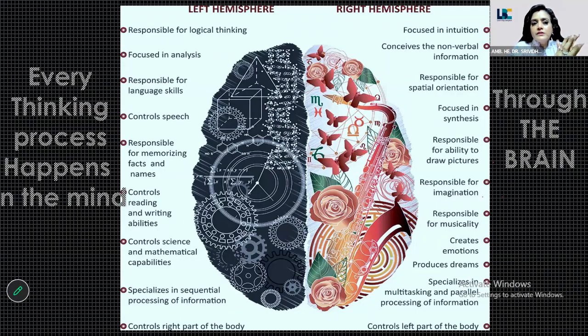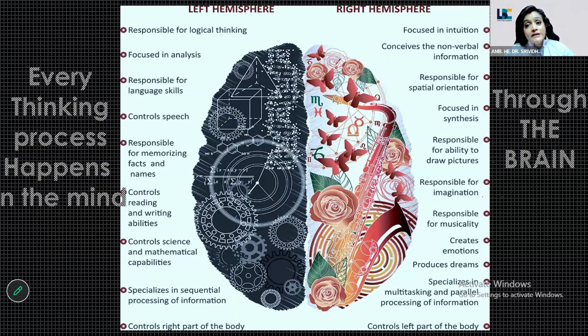Anybody who is a very logical thinker, focused in analysis, very responsible, who can learn multiple languages, who controls speech, is responsible for memorizing names and facts, and controls reading and writing, more of an academic person, controls science and mathematics capacities, and specializes in sequential processing of information. This person is left-dominated, and that's how the left brain works.